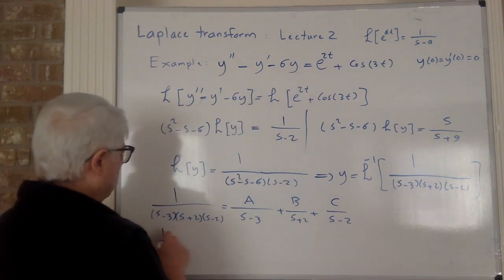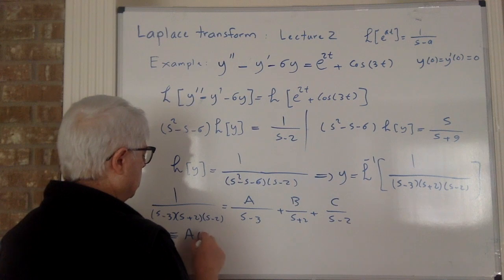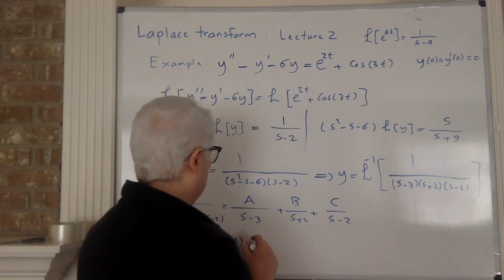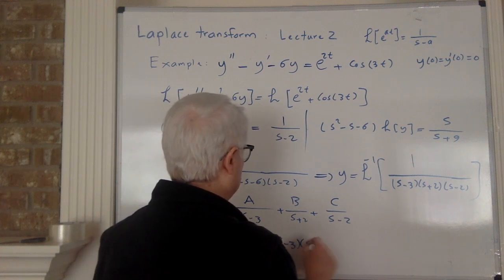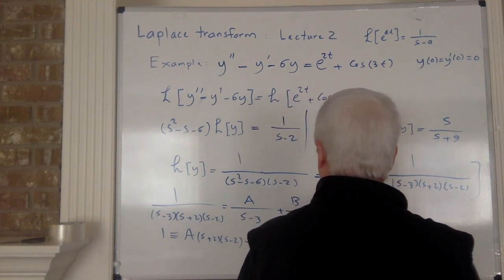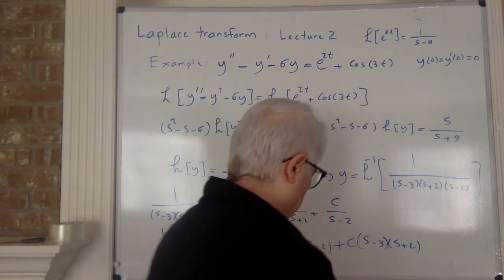So I have 1 equals a times this times this, plus b times (s minus 3)(s minus 2), plus c times (s minus 3)(s plus 2). Right?